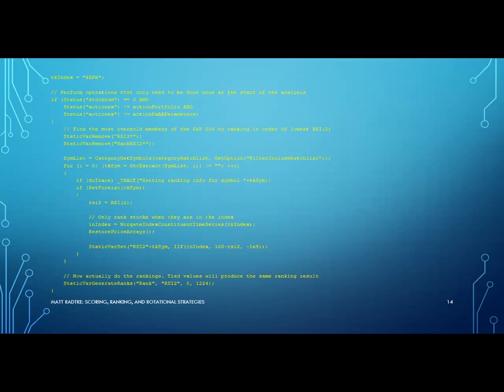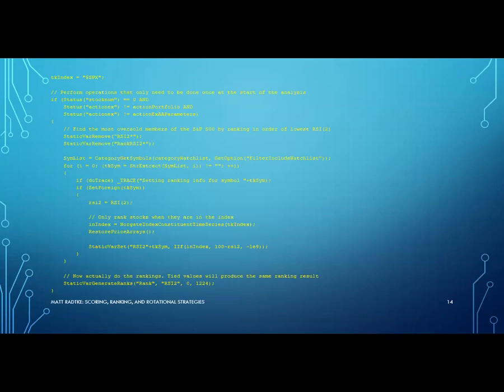So for example, if our current symbol were Facebook, for all the dates before sometime in the middle of 2012 when Facebook started trading, that value is going to be false. And for all of the values from that date in 2012 through the present, inIndex is going to be true.